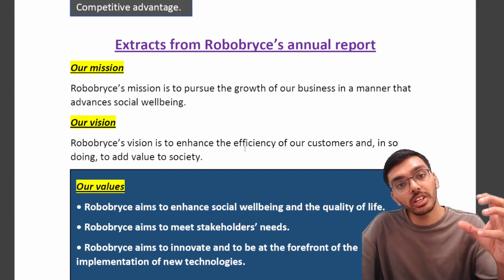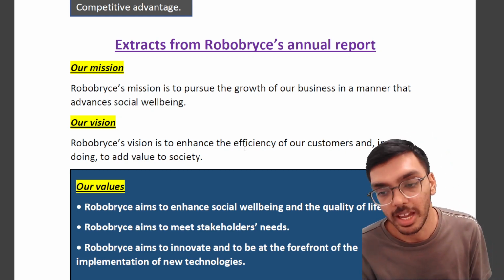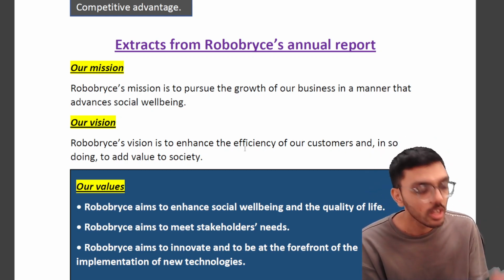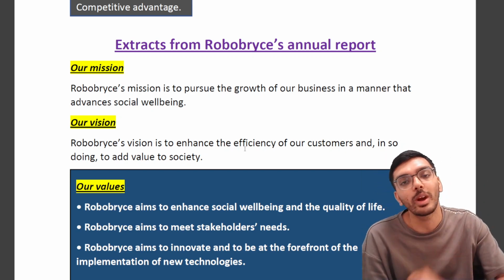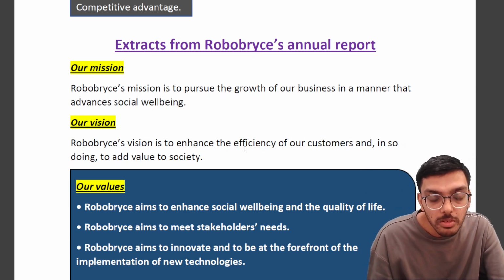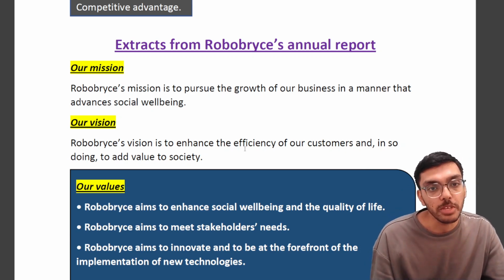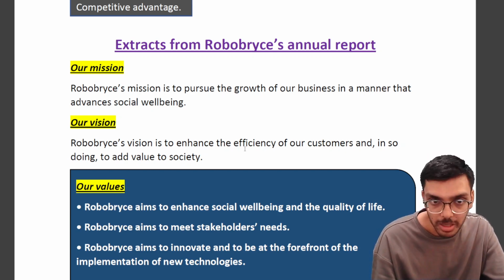So very important that you again go through the pre-seen multiple times. Keep reading it, keep going through it so that these ideas are fixed in your mind and you can use them when the time comes. So Robobryce's mission is to pursue the growth of our business in a manner that advances social well-being.